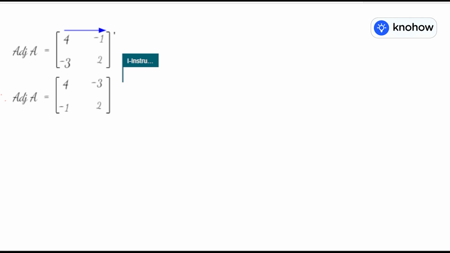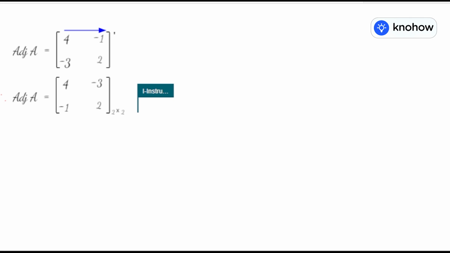So let me write once again: the value of adjoint A is 4, minus 3, minus 1, 2. The order remains 2 by 2. That is the method of finding the adjoint of a matrix of second order.